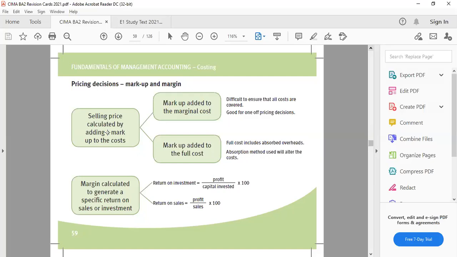So return on investment can be calculated as, for the total amount of investment, how much profit do they want to earn. Based on that, the profit margin is calculated, or the profit margin on the sales value, the number of units which are sold, on the sales value also, it is decided.